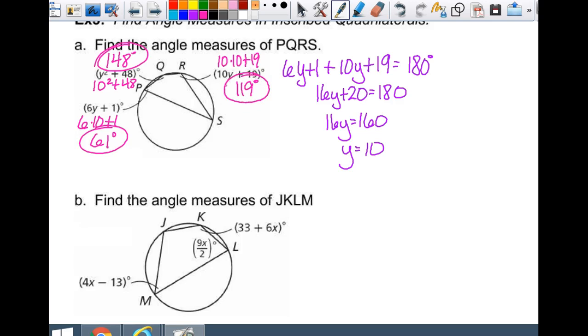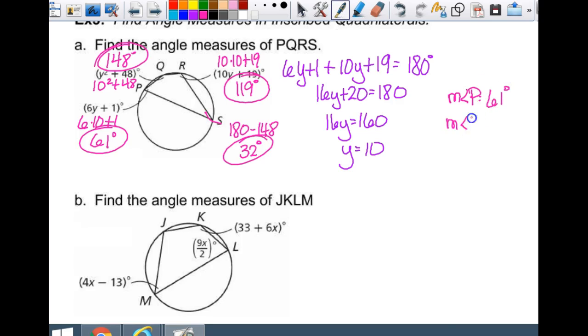Right. So then to get S, I could add them all up, set them equal to 360, but I know opposite angles are supplementary, so this is just 180 minus 148. And so that would give me what? 32 degrees. Then I got to make sure I answer the question. Measure of angle P is 61.